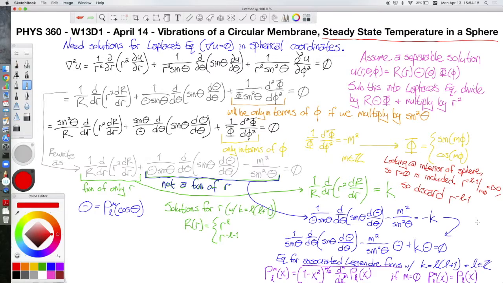But I'm a physicist, so I'm just going to say it's infinity. And we don't want infinite temperatures, so we are going to have to discard the r to the negative L minus 1 solution. So now we have generally our basis functions of the steady state temperature in a sphere.